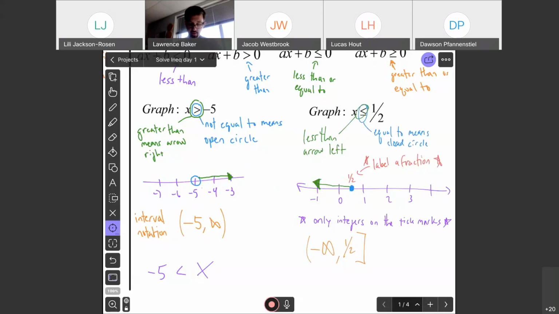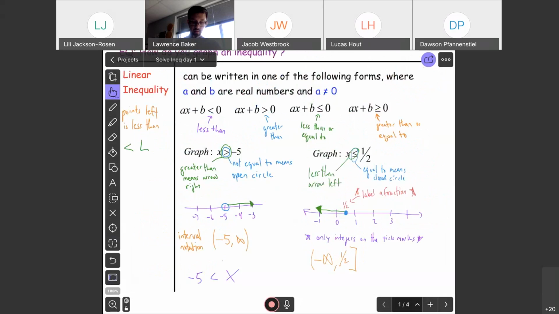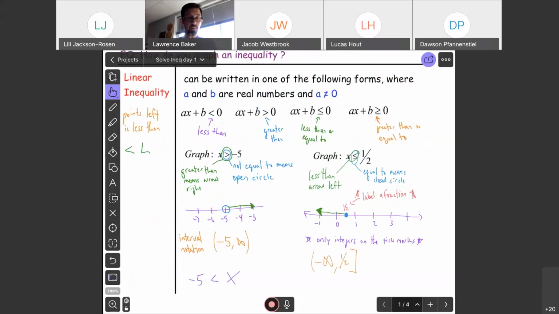So just kind of hitting on some of the finer points about how we graph these. These two things here may not be things that you remembered or knew. Those things I put the stars on, but maybe you knew all this stuff already. Anything here you want to talk about before we get into the solving and graphing?